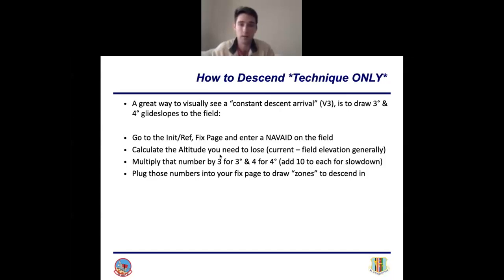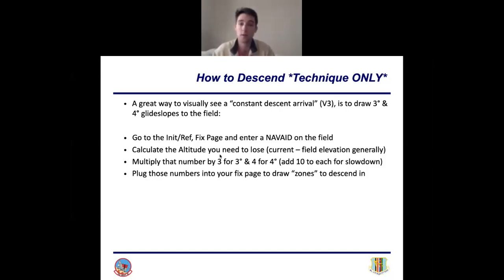And then calculate the altitude that you need to lose, so your current altitude subtracted by whatever the field altitude is, and multiply that by 3 or 4, and add 10, just for a slowdown and for some lag.